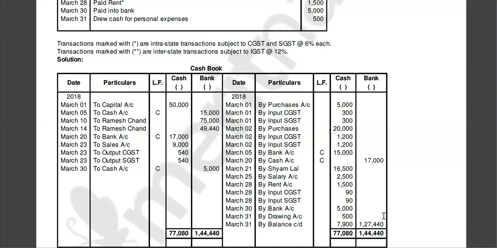So this is our balance carried down. We cannot say on which side the balance carried down amount will fall. It may be either the debit side cash column or the credit side bank column. We cannot decide which side this balance carried down will fall on.